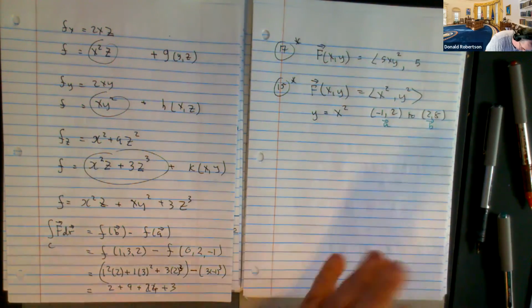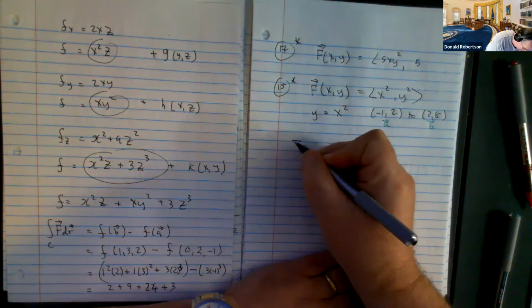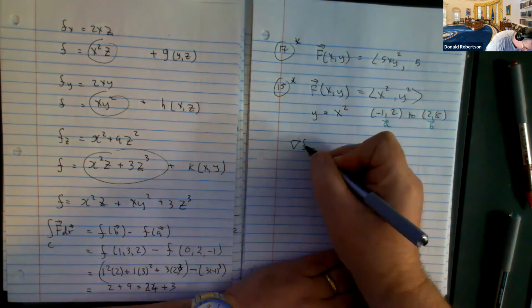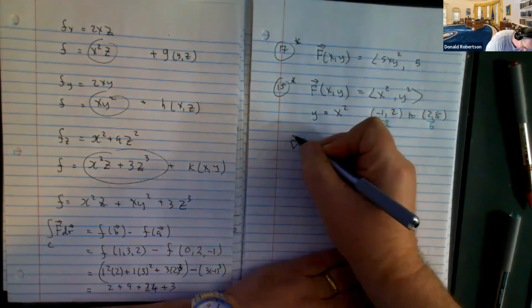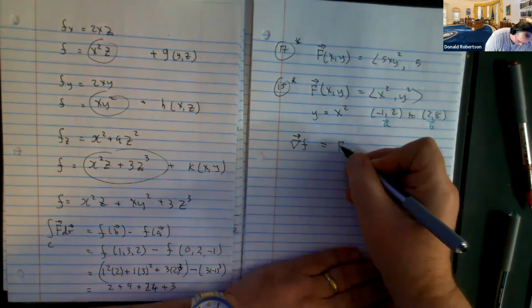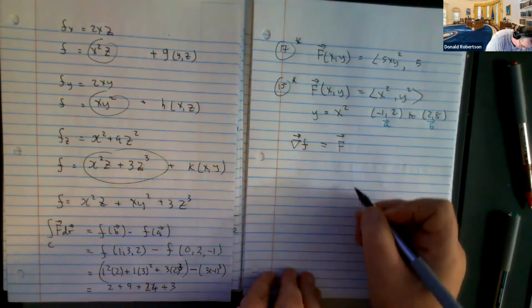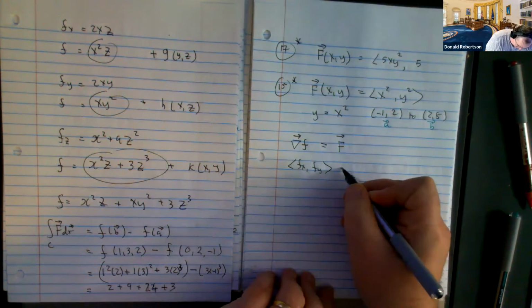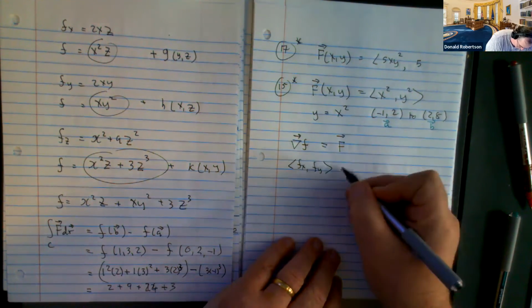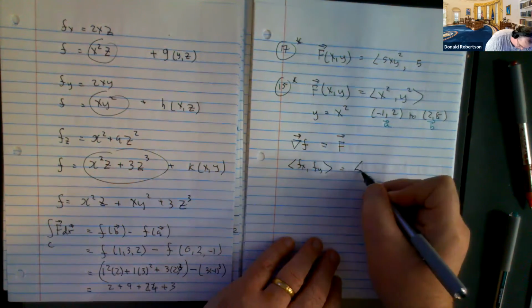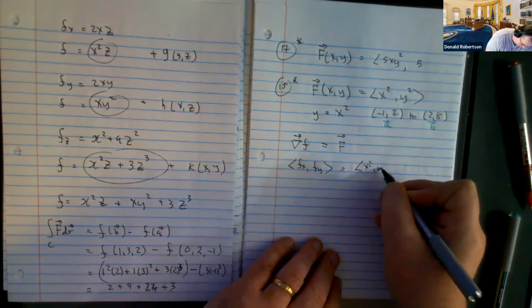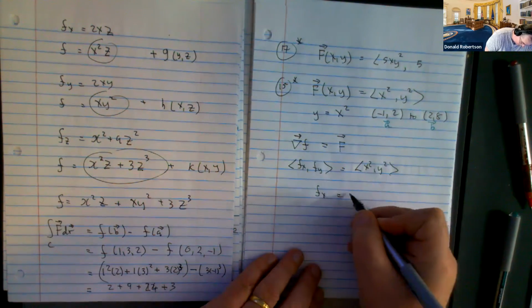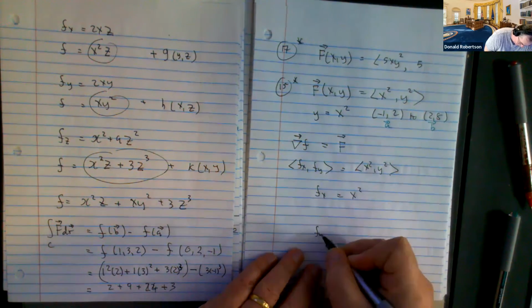So I can just go straight into finding the potential function. This one here is going to be x squared, y squared. So we have that one, and then we have that one.